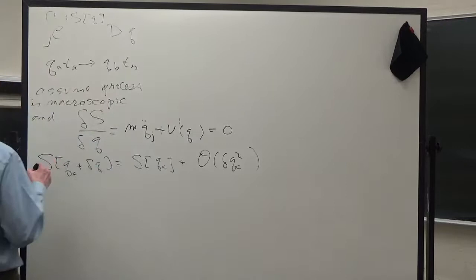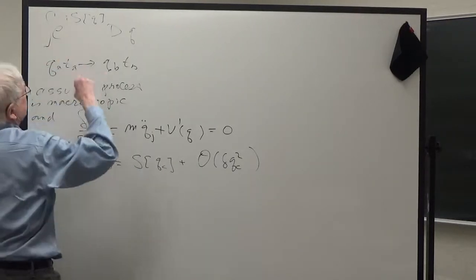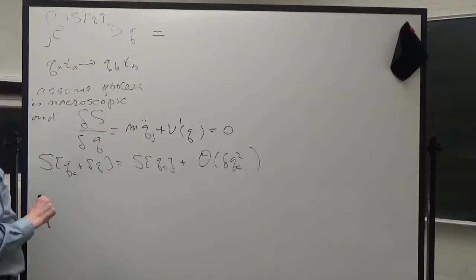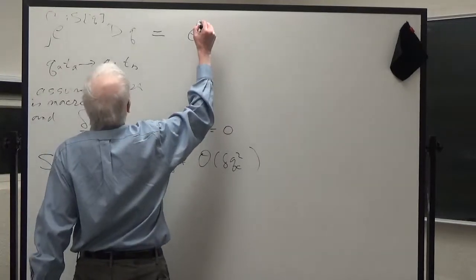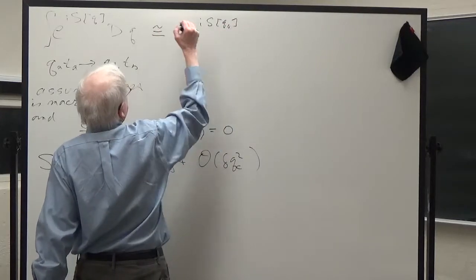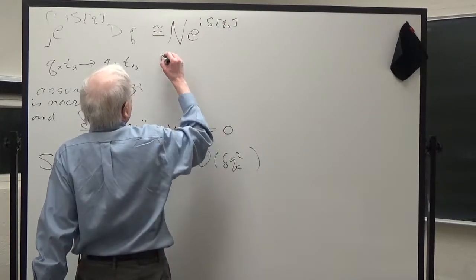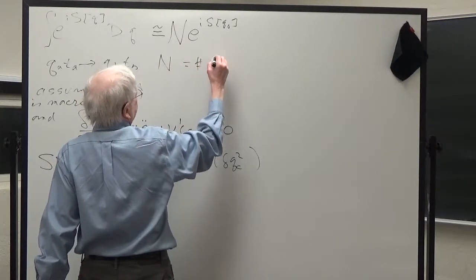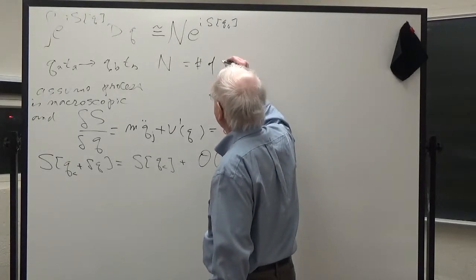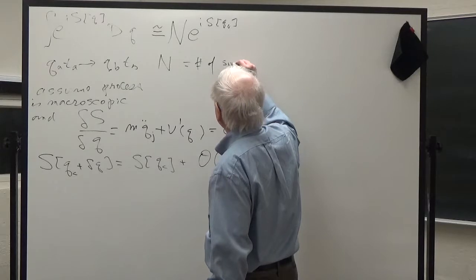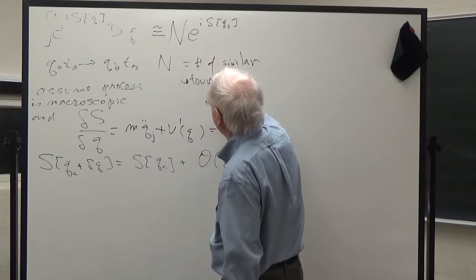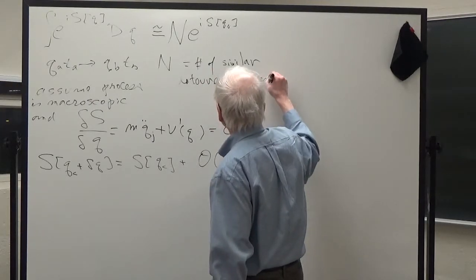Well, what that means then is that this amplitude, which is the amplitude for this process to occur, is going to be huge, because it's going to be e to the i S of Q classical approximately times big N, where big N is the number of similar detoured processes.